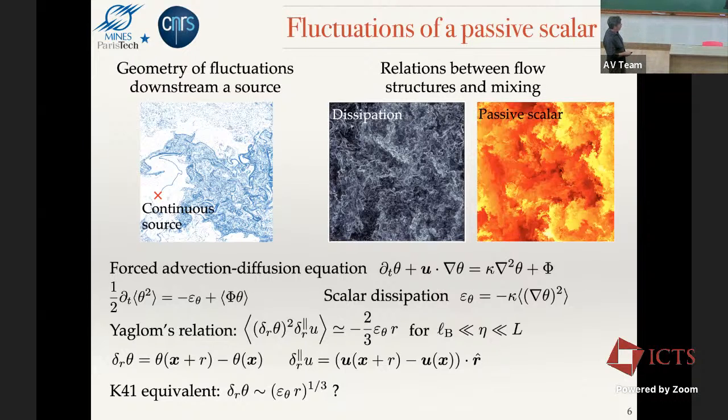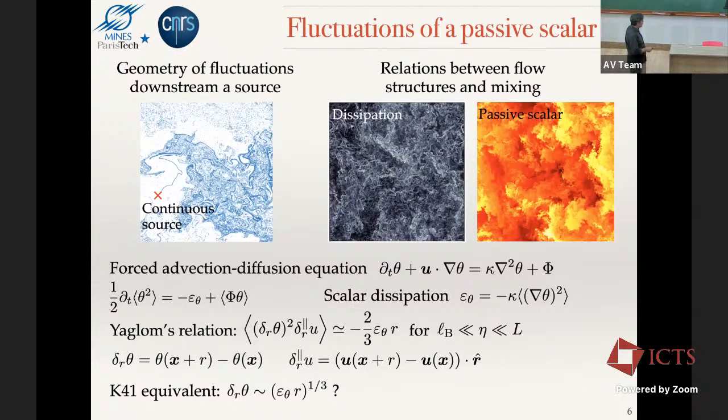Now, if you say that U is turbulent and you assume K41 theory, Kolmogorov 1941, so that delta r U is like r to the 1/3, then phenomenologically this tells you that the increment of the scalar has the same kind of scaling as the velocity increment.